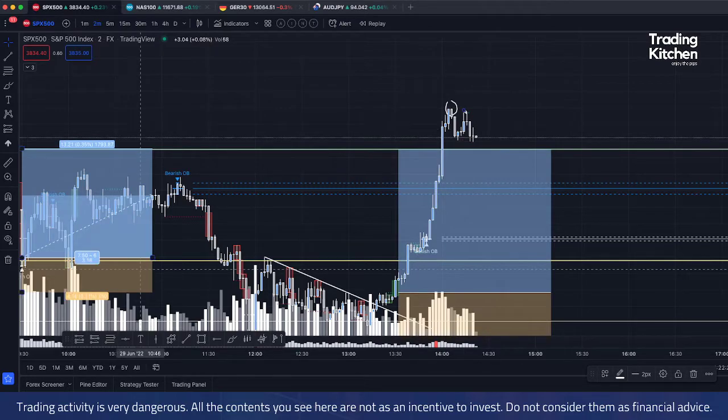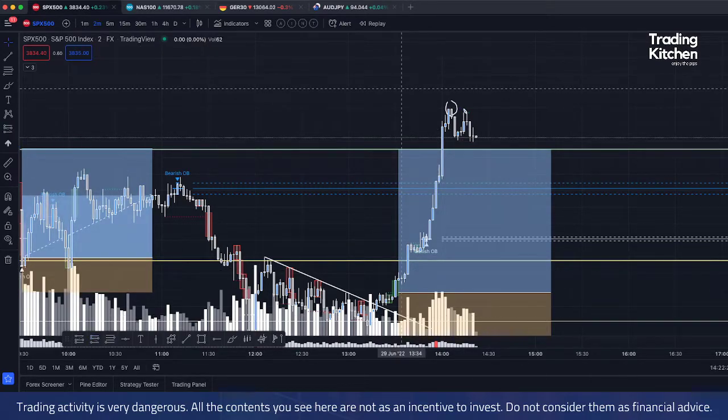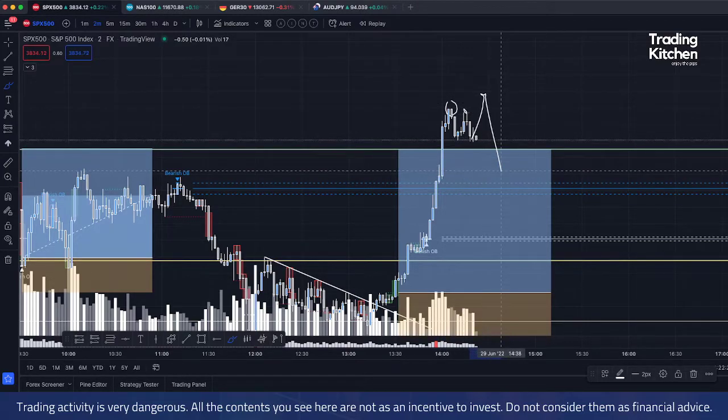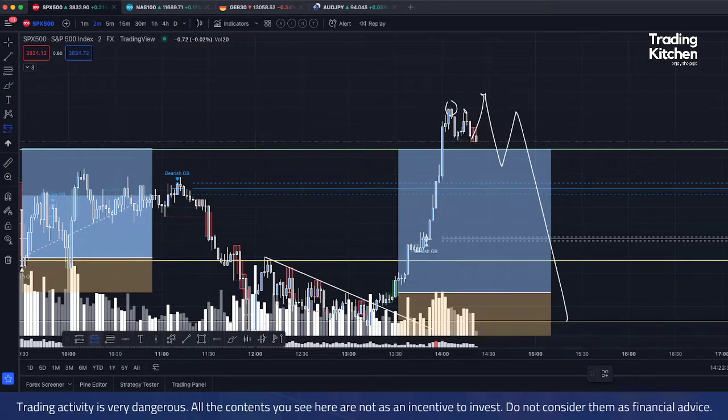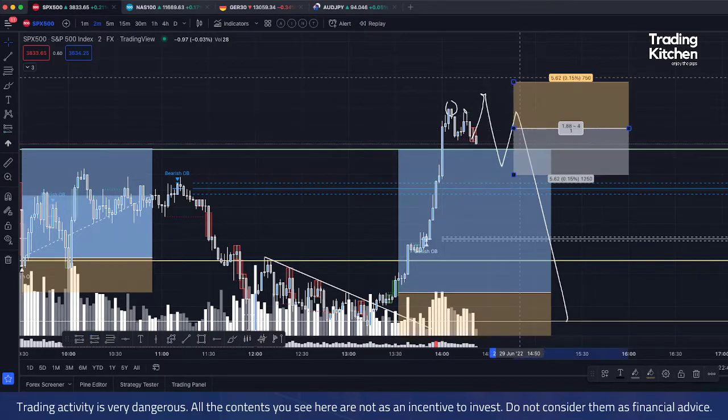To be honest, I suppose the price will probably grab the liquidity here, make another break of the structure, go retest, and then go here. I'm going to check eventually this kind of trade.